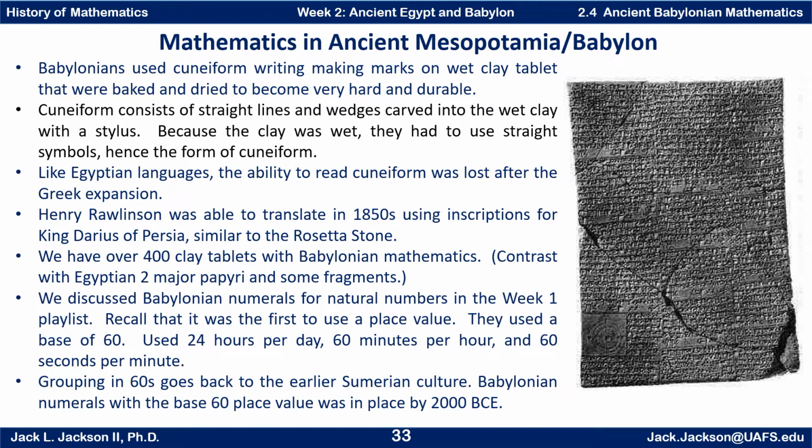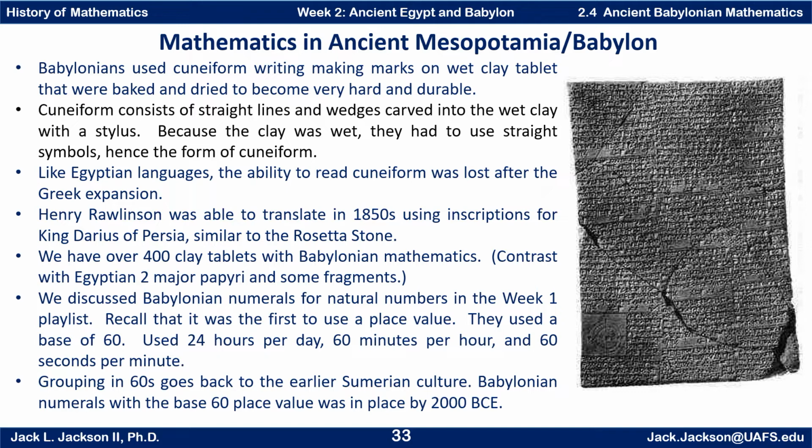Now, like Egyptian languages, as we talked about earlier, where the ability to read hieroglyphics was lost, and it wasn't until the Rosetta Stone was examined that they were able to translate it, we had something similar with cuneiform writing. The ability to understand that was lost after the Greek expansion at some point, and so we had a hard time understanding what was going on in the cuneiform.